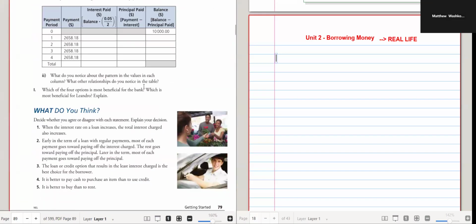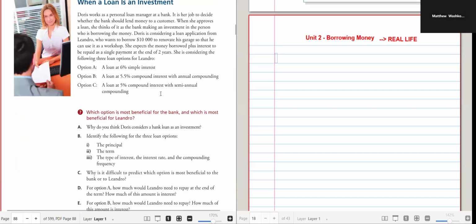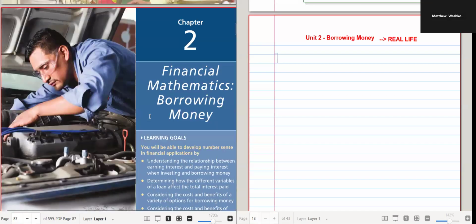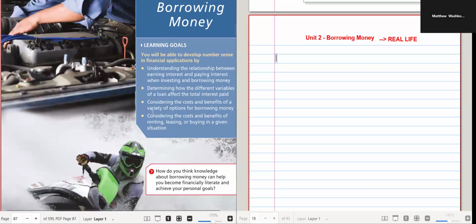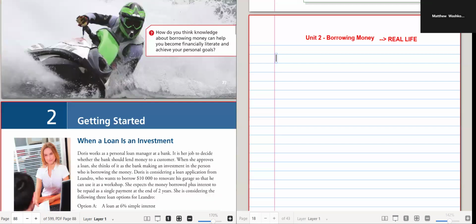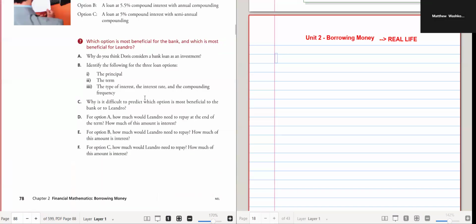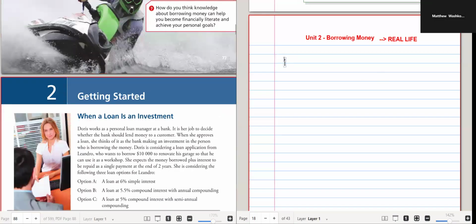You have to do some math to figure it out. When you're in the car dealership, the smart buyer will be calculating: how much is this going to cost me in the end? Which one of these is the cheapest option? Because if you buy a car, you can get up to, don't write this down, 7 year loans. Yay! This is bad.